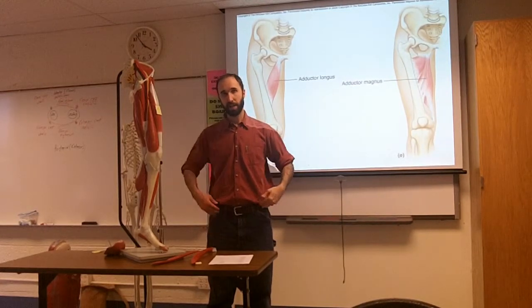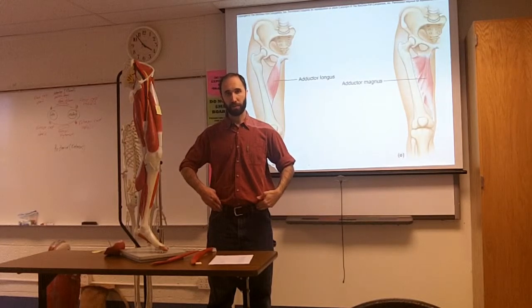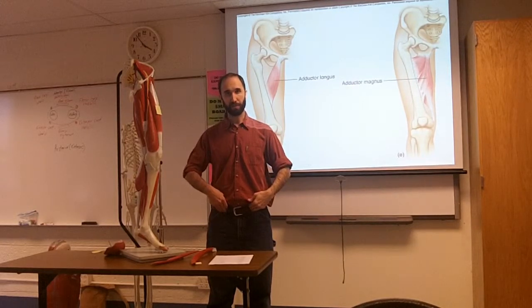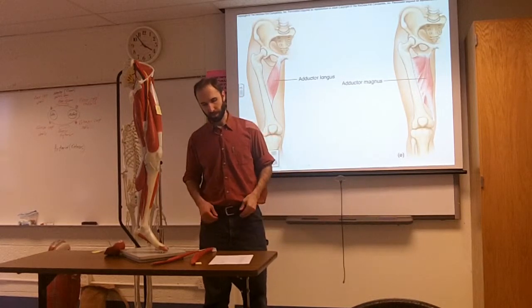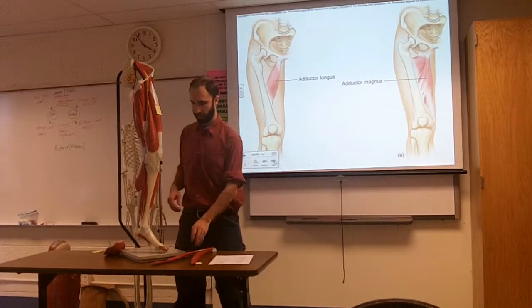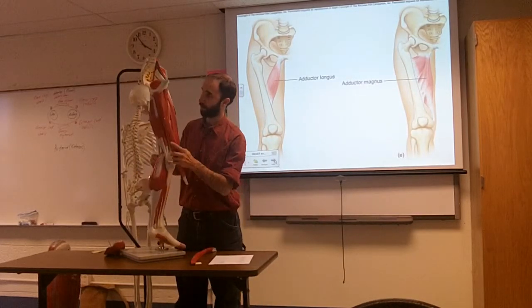So pectineus is the most lateral part of the pubic bone, then adductor longus and brevis, and then finally gracilis attaches to the most medial part of the pubic bone, and that's this muscle here that I pulled off a second ago.